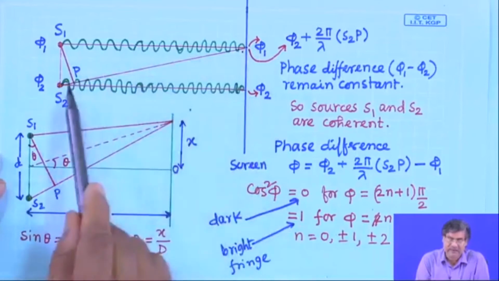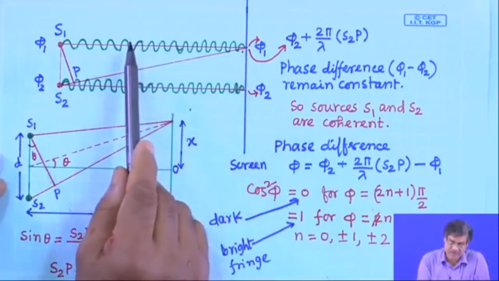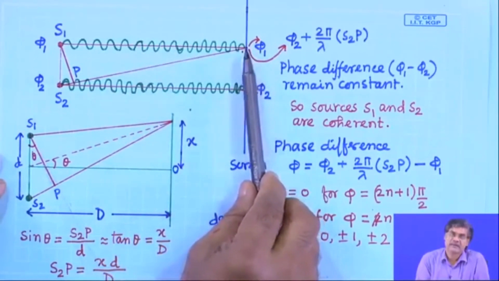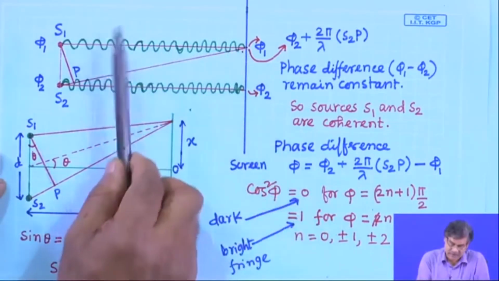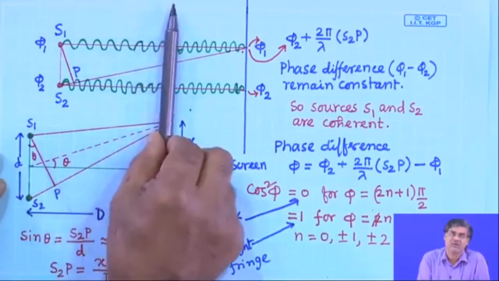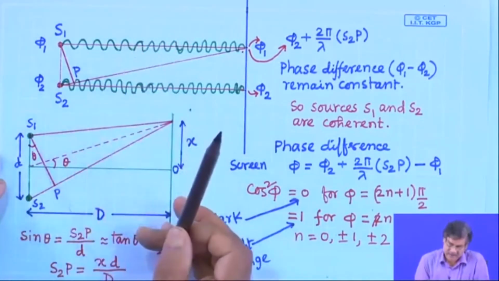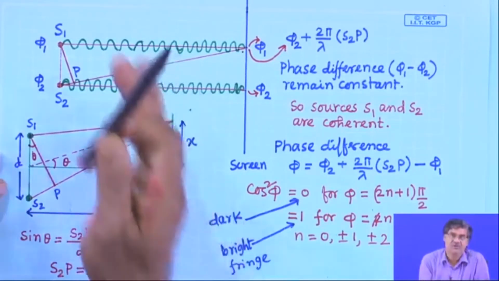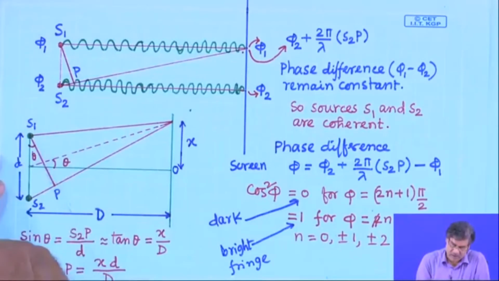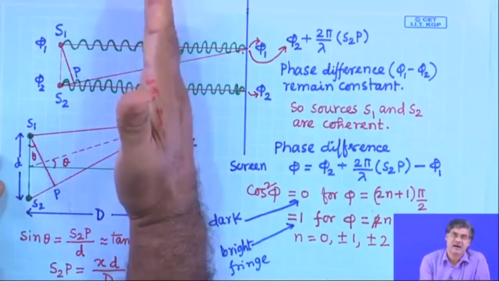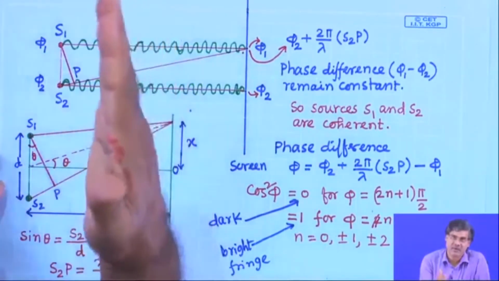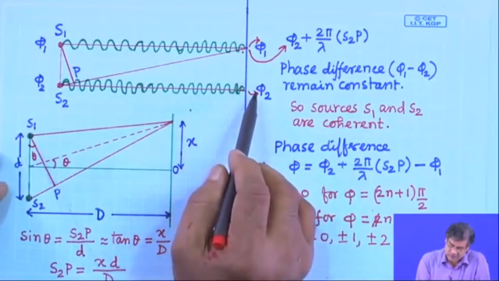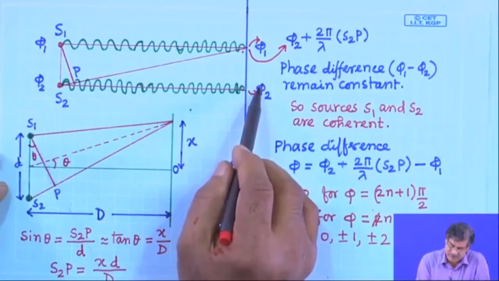These two are parallel, same frequency and same wavelength. These are basically the wavefront, the phase remains constant on the wavefront. So, here what will happen?